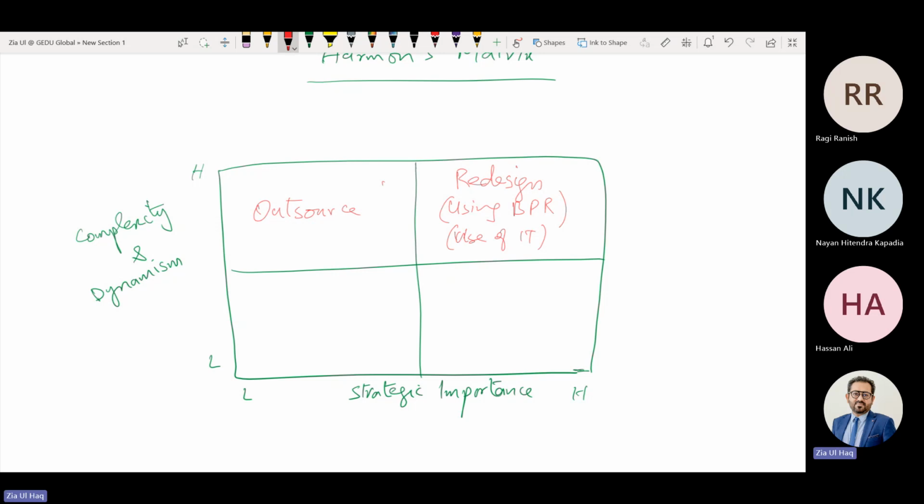We can get rid of these issues and reduce our headache. So we should outsource to experts because they are not strategically important. They are secondary activities, support activities. For the processes where strategic importance is low and complexity and dynamism is also low, we need to automate them.